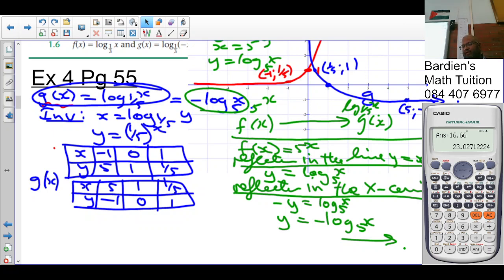The only difference now is that there are 3 topics that we still need to do by the time you write: stats, probability, the last part of probability, the last part of stats. Those are going to be left over for term 3.